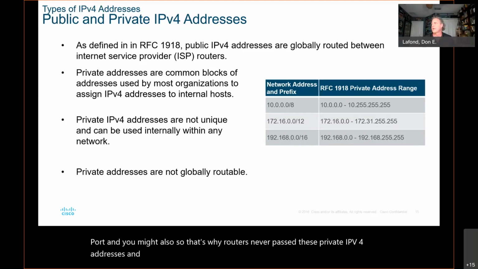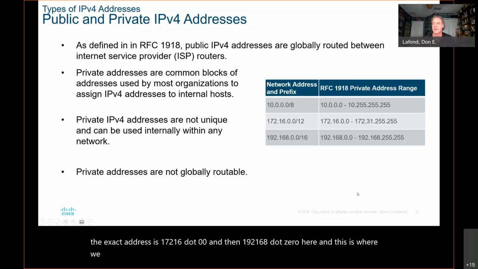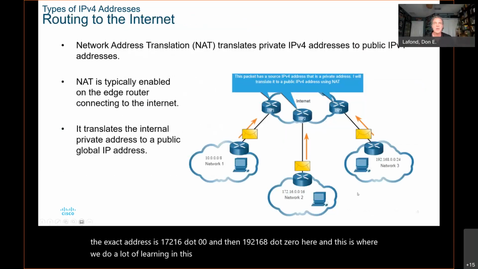And the addresses are in the range 10.0.0.0/8, and these are the exact addresses, 172.16.0.0, and then 192.168.0.0, and this is where we do a lot of learning in this class in that range.